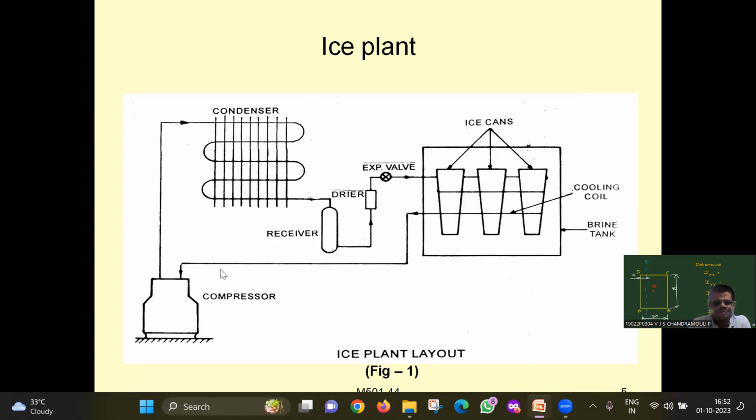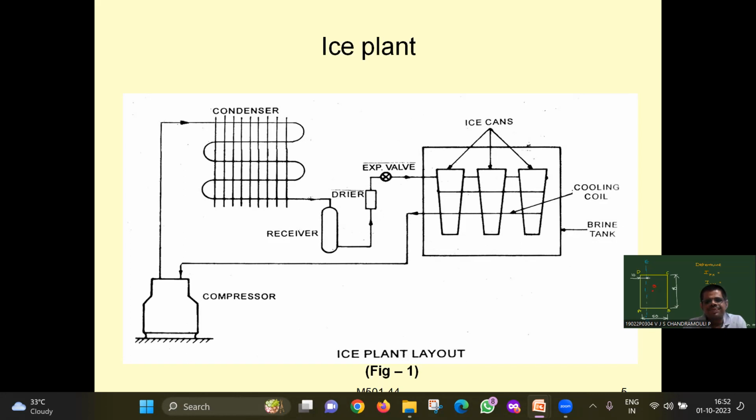So this is basically the ice chamber, the evaporator chamber, and here, if you observe, these are the ice tanks in which the water is filled, and this water is converted into ice. This tank is called the brine tank. Brine is nothing but sodium chloride solution, salt water, and it can be used as a secondary refrigerant also.